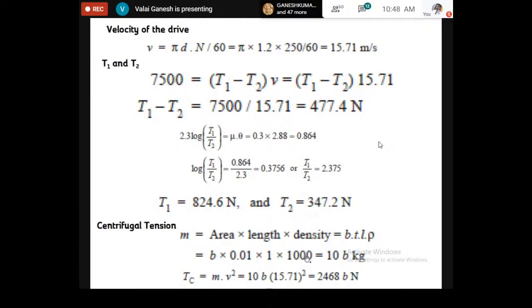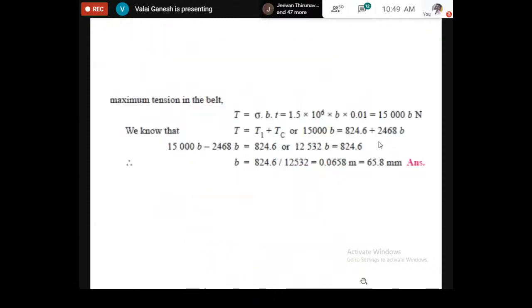Density is 1000 kilogram per meter cube. From that, mass equal to 10 times width. Then Tc equal to 10 times B into V square. V square is 15.71 squared, which gives 2468 times the width.